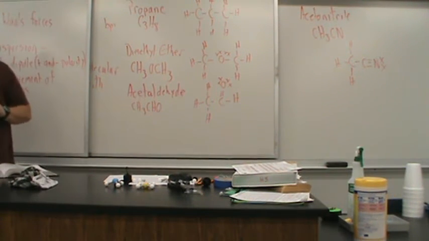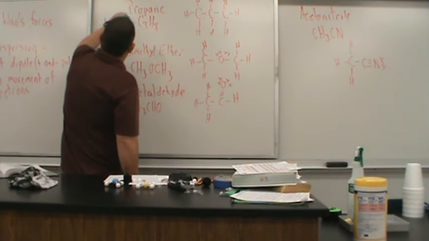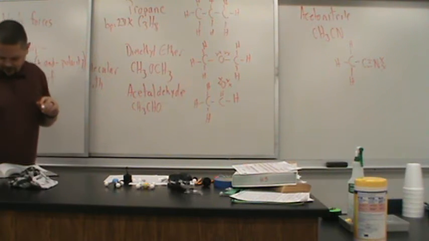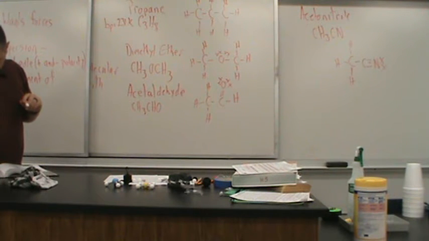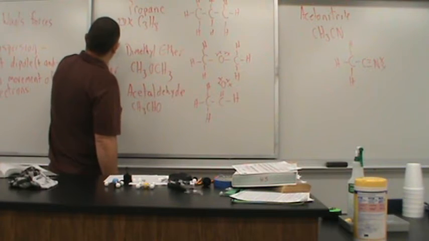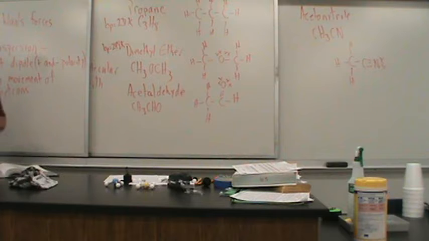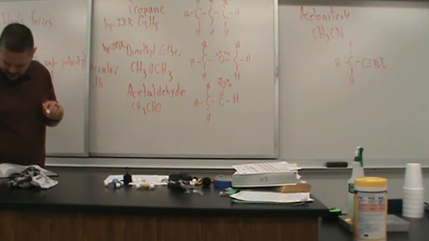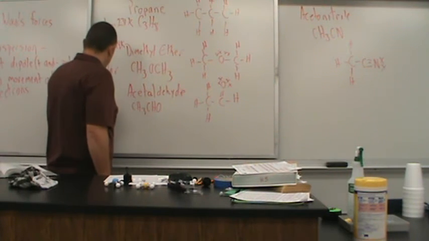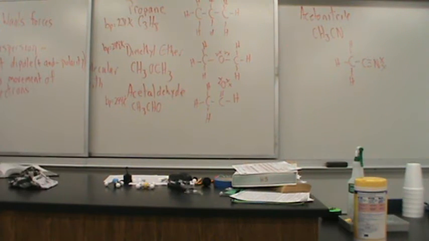All right, so now what we're gonna do is look at the boiling points for each of these. So propane's boiling point, 231 Kelvin. Dimethyl ether, 248 Kelvin. Acetaldehyde, 294 Kelvin.